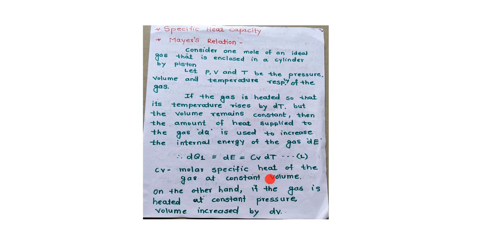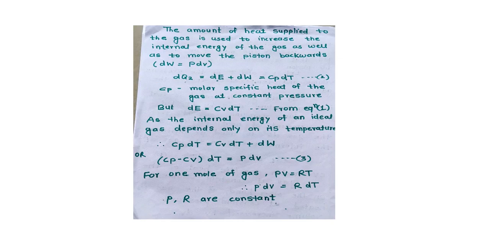On the other hand, if the gas is heated at constant pressure, the volume increases by dV. Therefore, the amount of heat supplied to the gas is used to increase the internal energy of the gas as well as to move the piston backwards. At that time, the work done by the piston is dW = P dV.